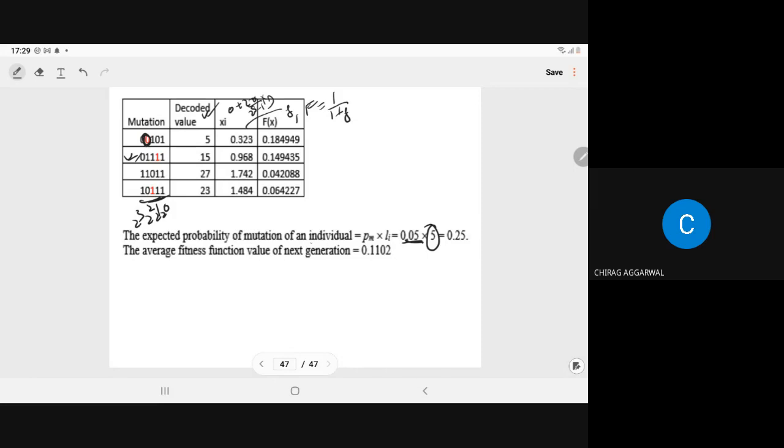For the individual, if it is asked, then there is no need to multiply with 4. If it is asked for the population, then you have to multiply by 4. The average fitness value for the next generation, if you compute the summation of this F divided by 4, will come to 0.1102.